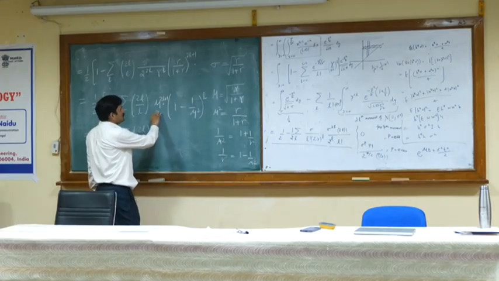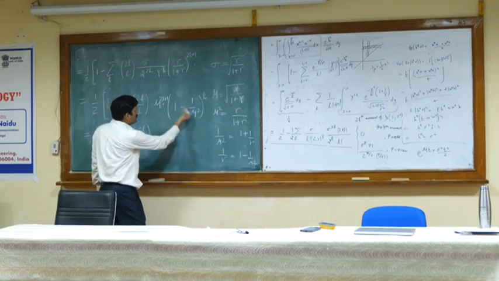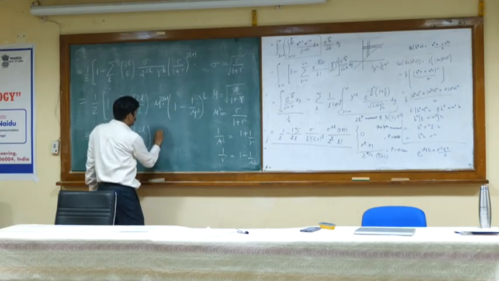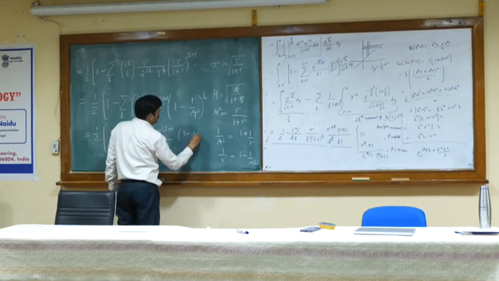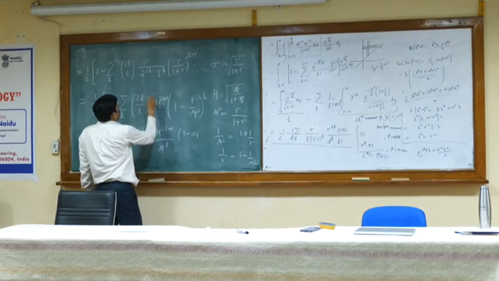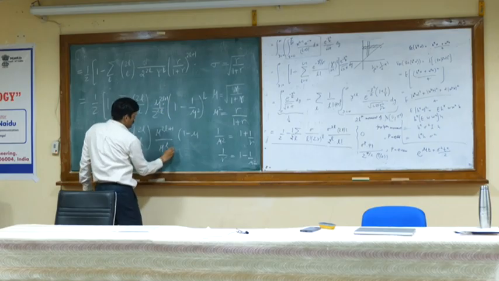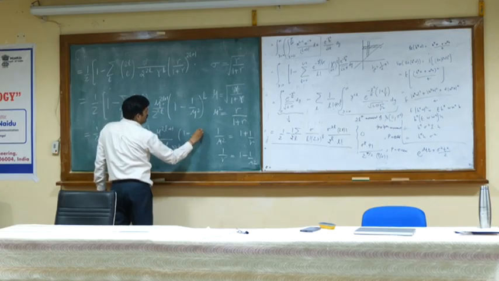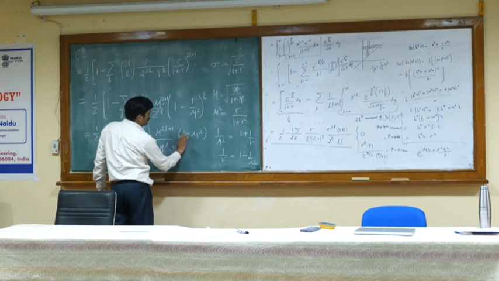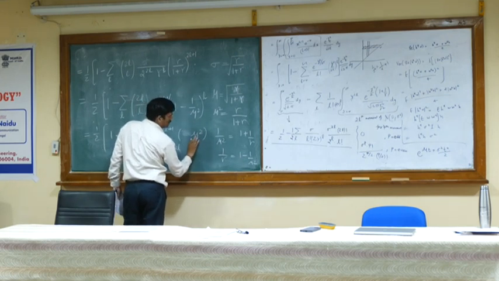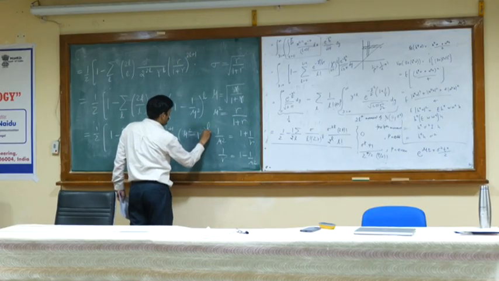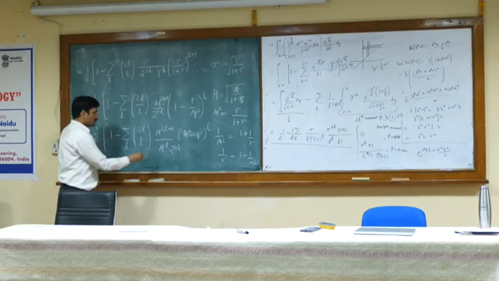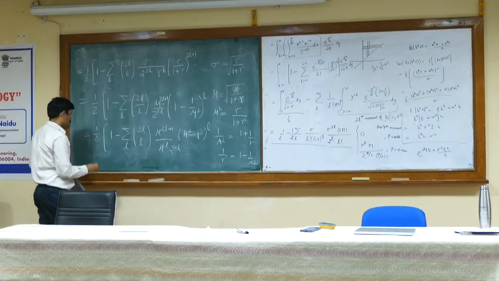So we have mu to the power 2L plus 1 divided by mu to the power L here, and 1 minus, so we have 2 to the power 2L, 1 by mu square minus 1 to the power L. Okay. So this mu to the power L will be cancelled out.